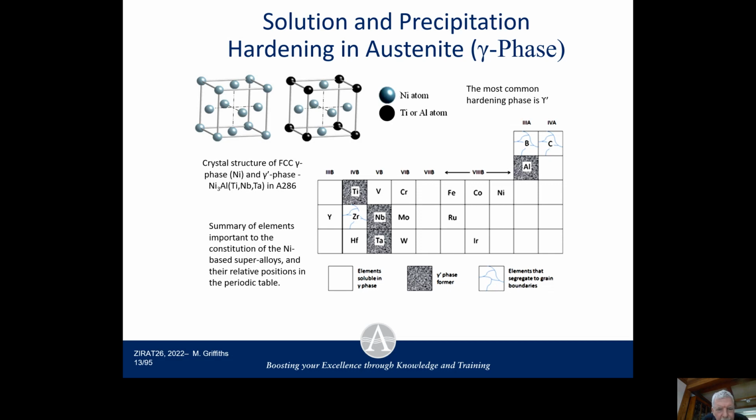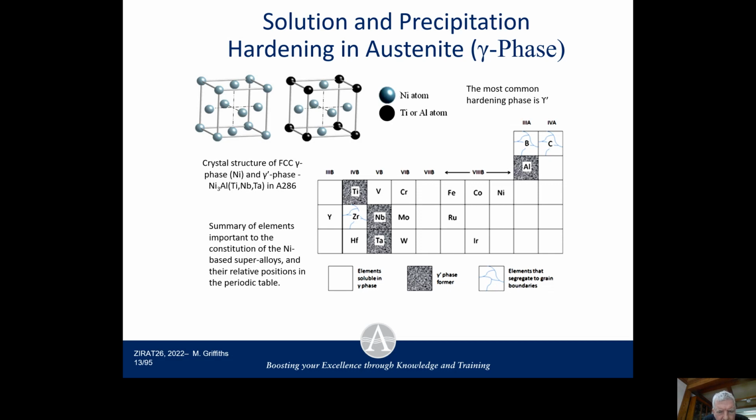And here's a bit of the periodic table to show which are the gamma prime formers: aluminum, titanium, also niobium, tantalum, that primarily have more to do with gamma double prime, but I digress because we're talking about stainless steels, and the gamma double prime is something which one would find in a nickel alloy such as alloy 718, which contains niobium, tantalum.